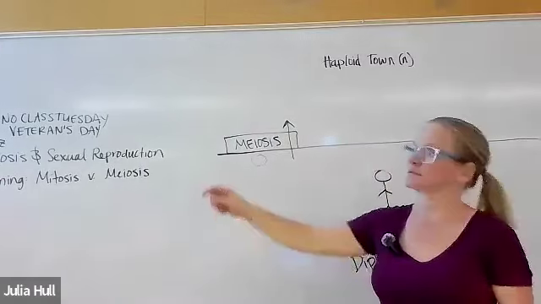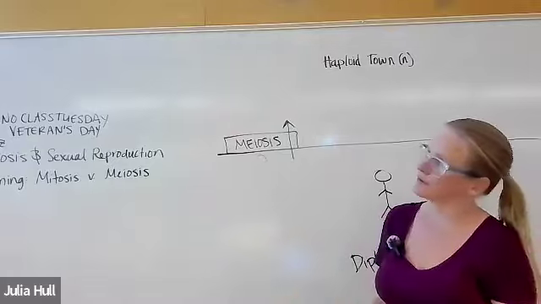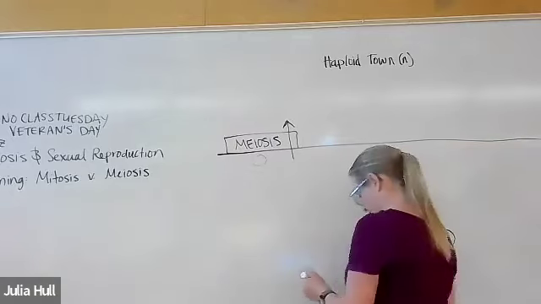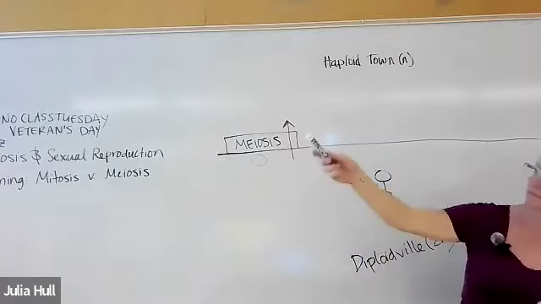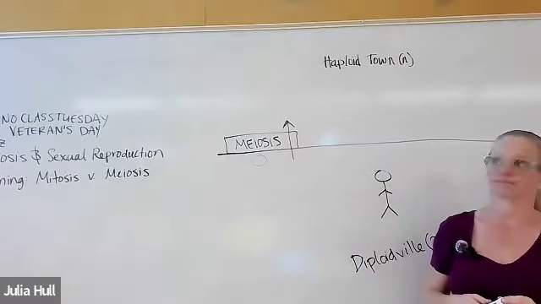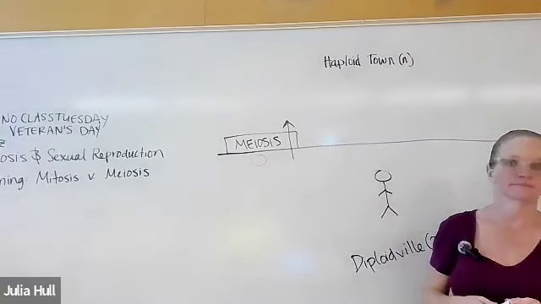Hey, spoiler. How many cells do you think are going to result from meiosis? Yes, we're going to get 4 cells. Okay. So this one cell at the end, right, we're going to get 4 cells, which is different than what we got in mitosis.